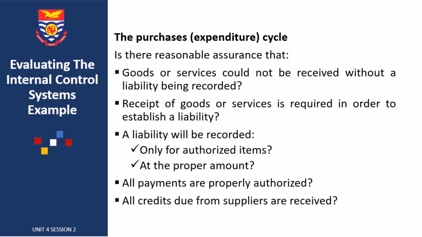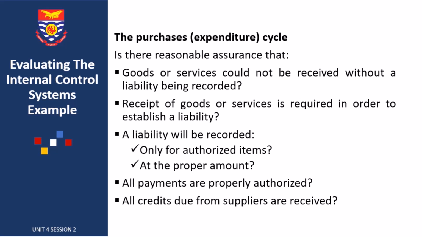If you bought goods on credit, you ask yourself, if you receive those goods, is it going to establish any liability? Then a liability will be recorded only for authorized items. So if the item has not been authorized, you have to check the internal controls to see if there has been proper authorization before a liability can be assumed.